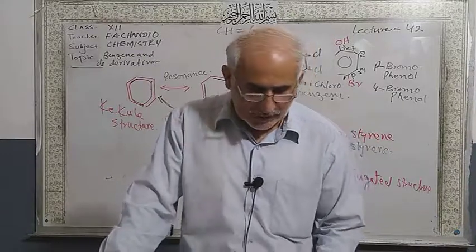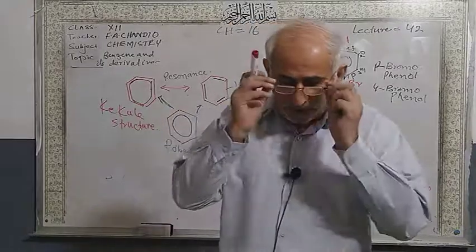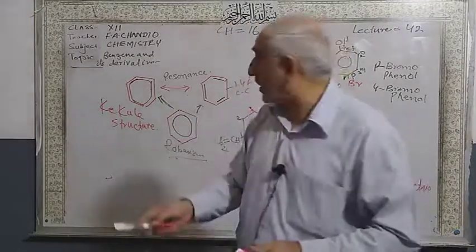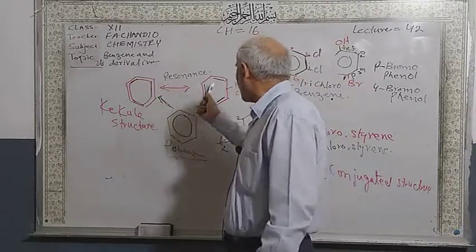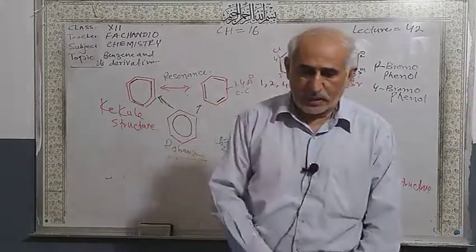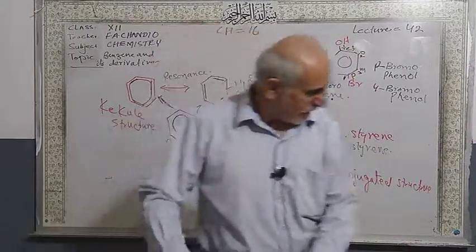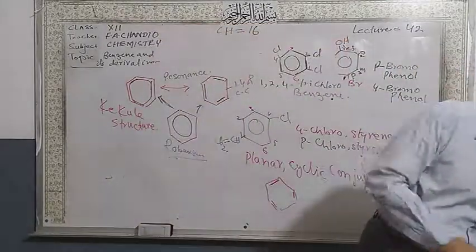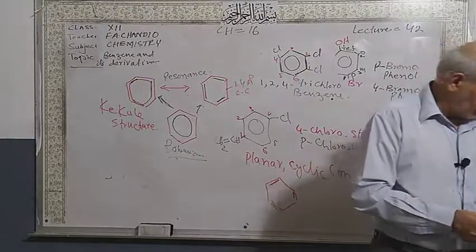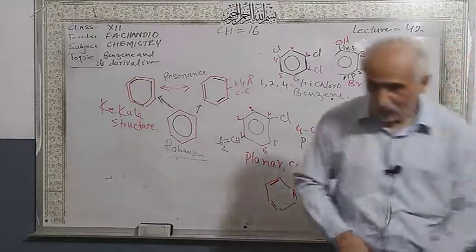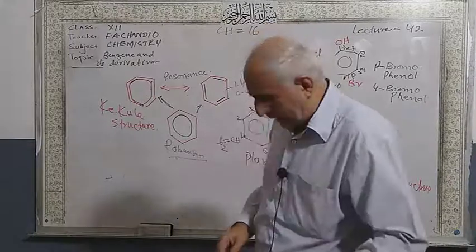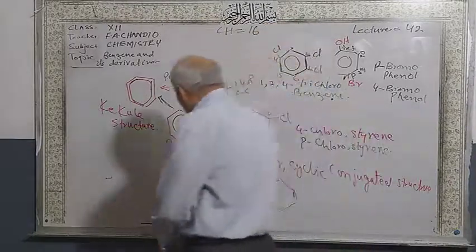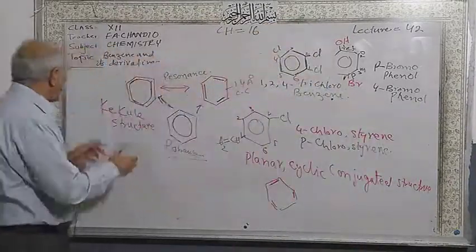Therefore, it is a good idea to use the Kekulé representation. So the Kekulé representation is the best when you put the alternating bonds like this. Dear students, there is a very important point here: how does benzene have three alternate double bonds?